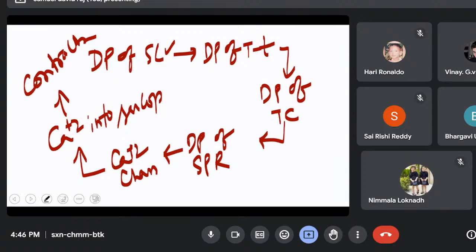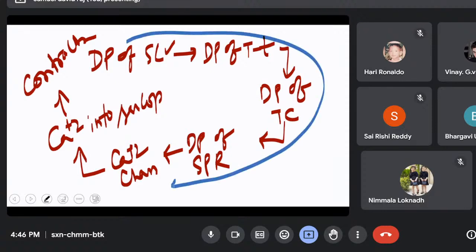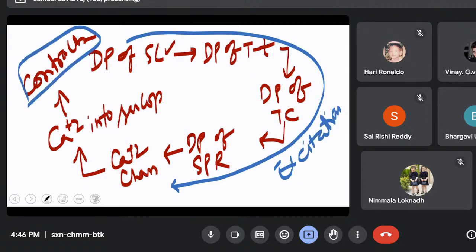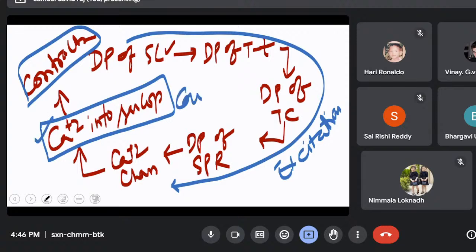So what happened? This entire process is called excitation, and this excitation is followed by contraction. Between these two, there is release of calcium ions into the sarcoplasm. This release of calcium ions into the sarcoplasm is what couples excitation and contraction, and this phenomenon we call excitation contraction coupling.